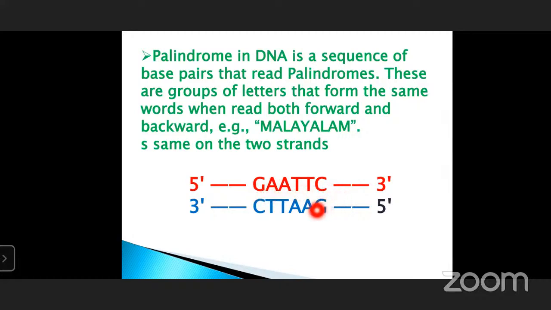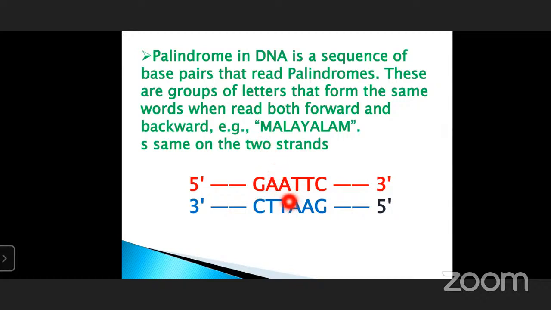In the other strand, CTTAAG. So both the strands have the same bases which run in opposite manner. These are called palindromic sequences.